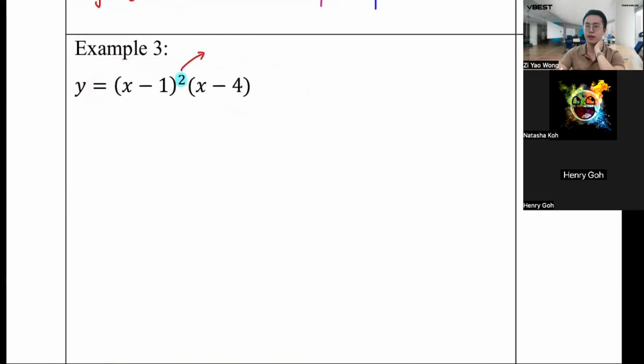When you have a square here, it means the graph will have a turning point here. Like for example, the graph will have a turning point here.